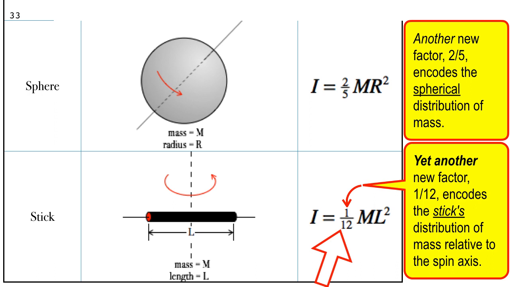But for the axis perpendicular to the stick, yep, 1/12 m times L squared. So if you think of the L as being the dimension of the stick, then you get that factor of 1/12 out there.